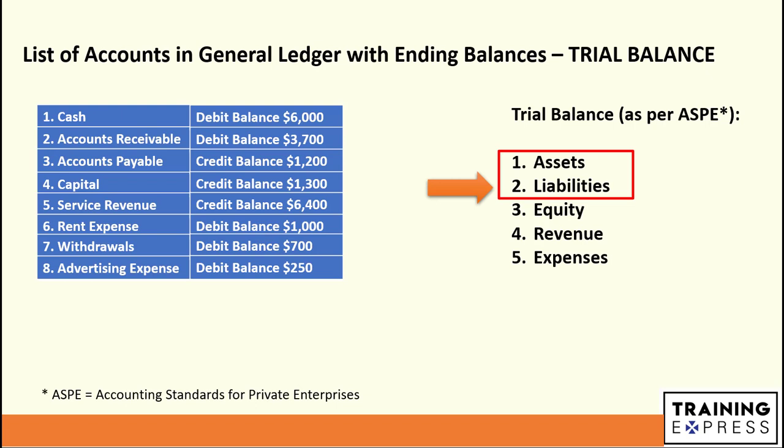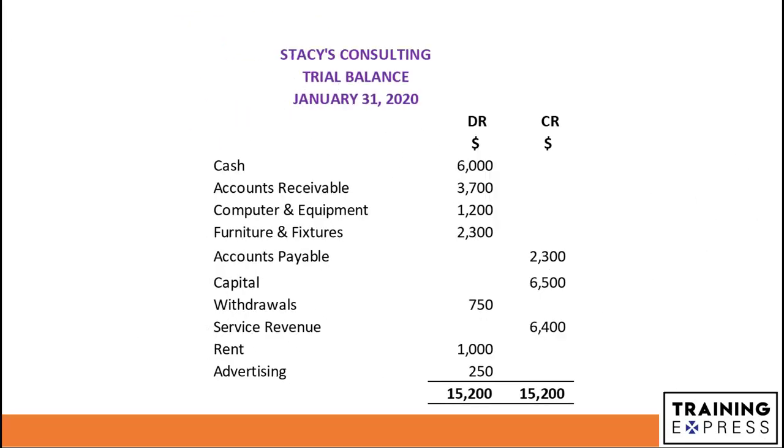So once we are done with the assets and the liabilities, then we move on to the equity accounts, which are capital and withdrawals. And once we are done with the capital and withdrawals, then we move on to revenue and expense accounts. Okay, so this is the time to prepare our trial balance.